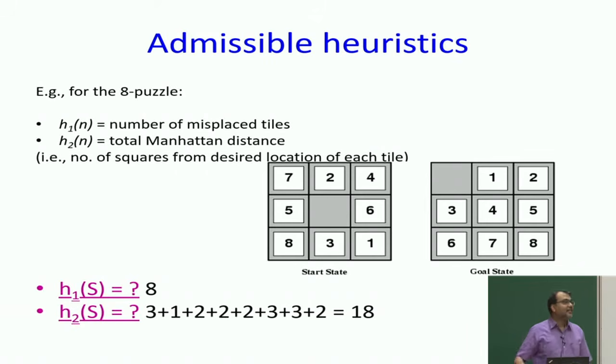Wait, let others think also. What are the rules in 8 puzzle? We can only swap with an empty space. Very good. What's your name? Shivam says we can only swap with an empty space. What is another rule?